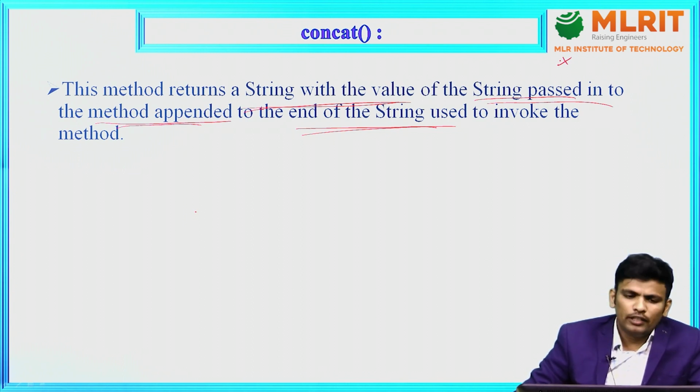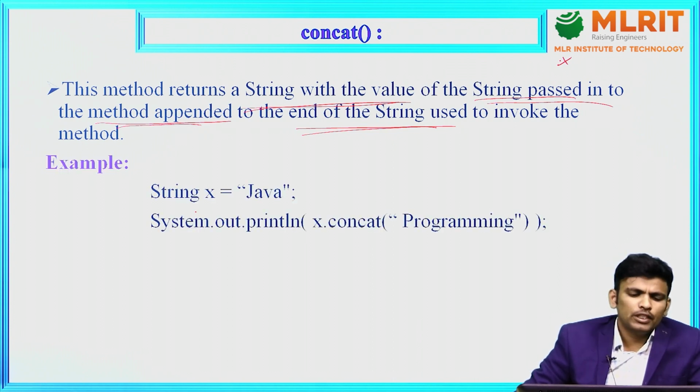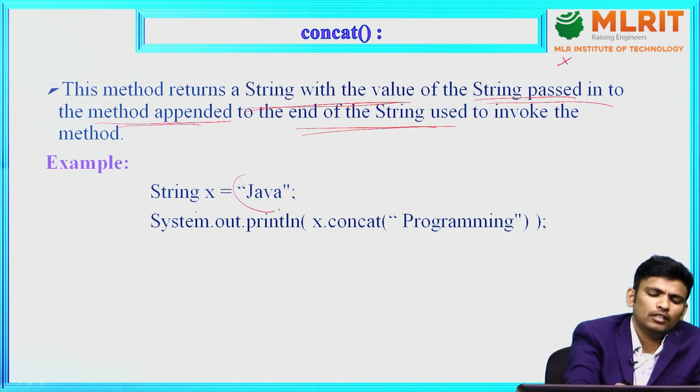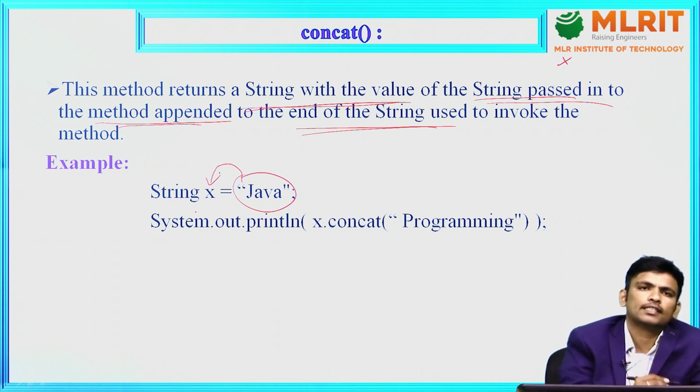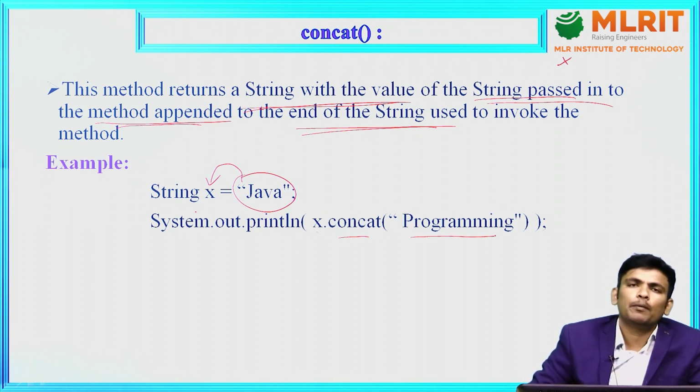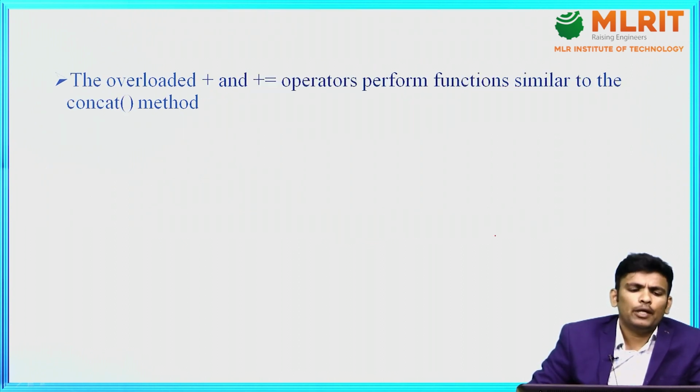Either you can use the concat method, or you can use the plus symbol. Suppose you take an example: here I have the string Java assigned to x. If you use x dot concat of programming, you will get the output Java programming. By using the plus operator, you can perform the same operation.